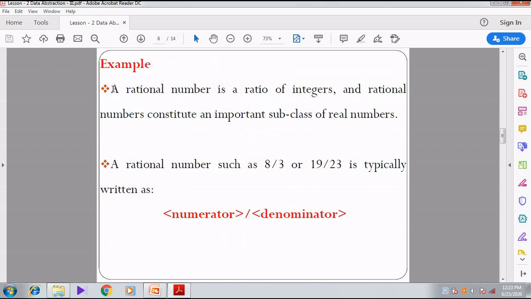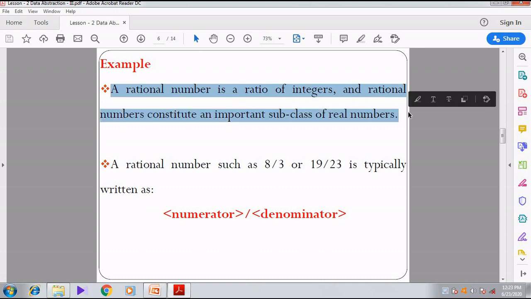What is meant by a rational number? A rational number is a ratio of integers, and rational numbers constitute an important subclass of real numbers.